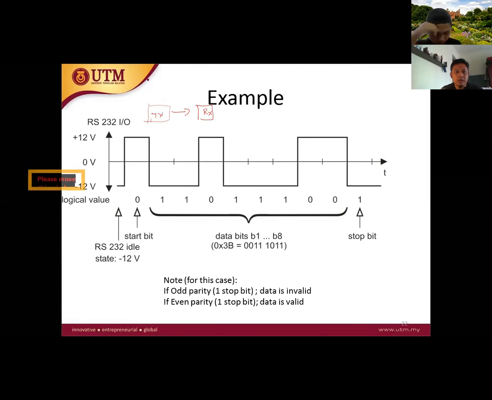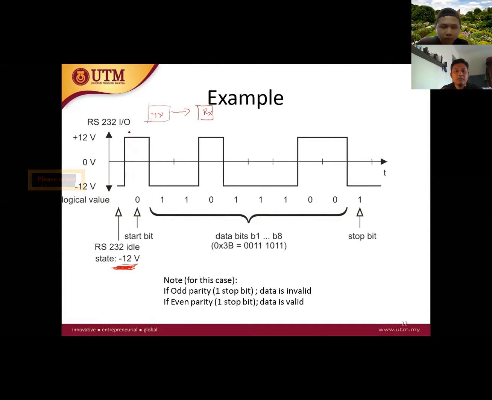In the idle state, it sends a negative 12 volts for a long period of time. The receiver will be ready to do a conversion when it detects the start bit.